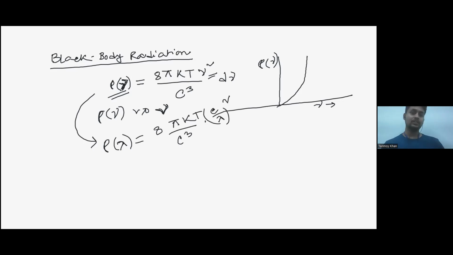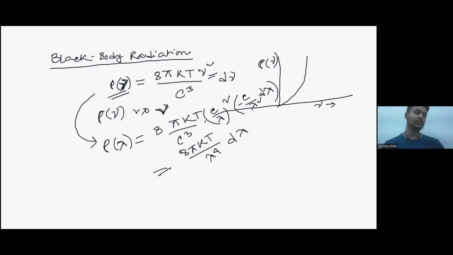And d mu, if you want to change it in terms of lambda, will be c by lambda square into d lambda. So if you simplify it, it will be 8 pi k T by lambda to the power 4 d lambda.